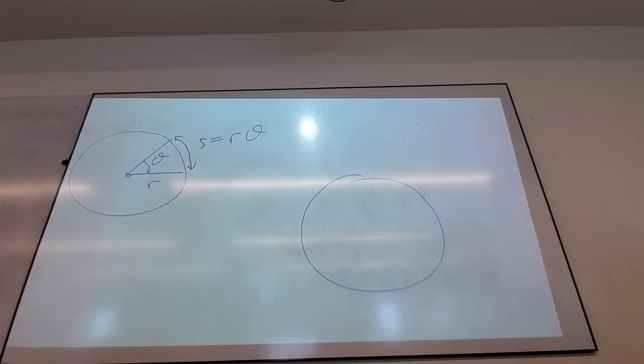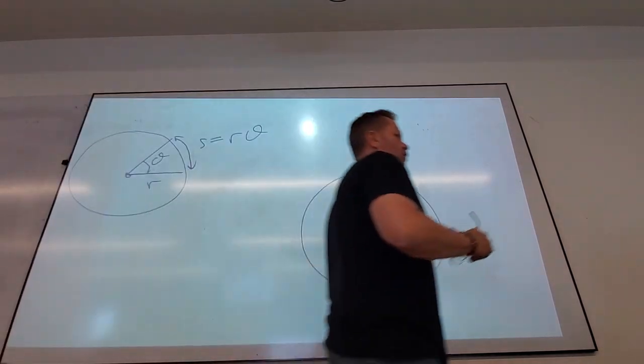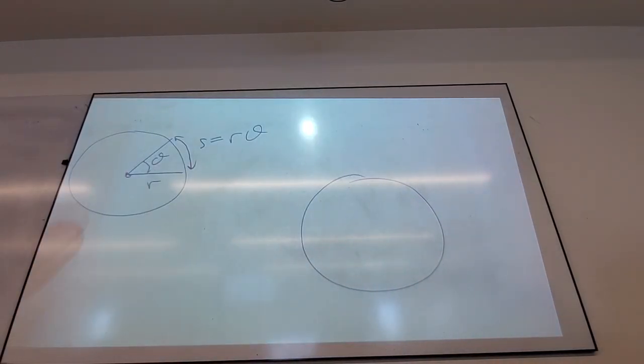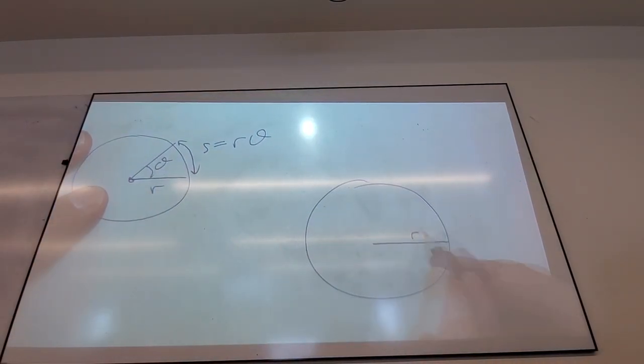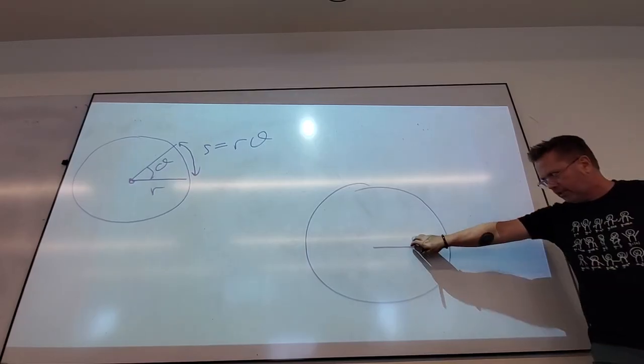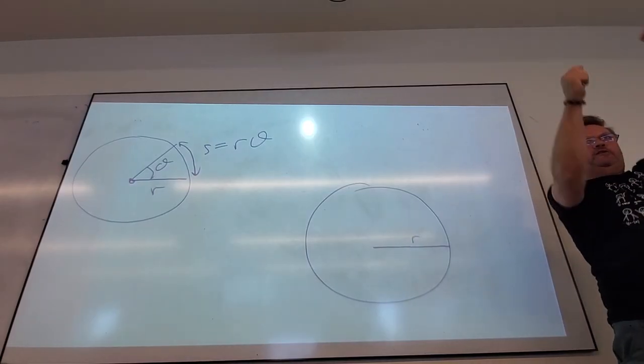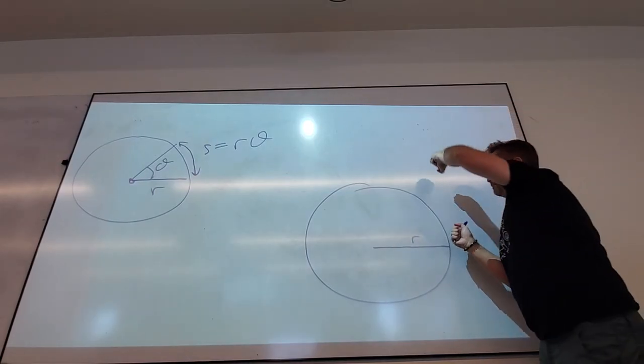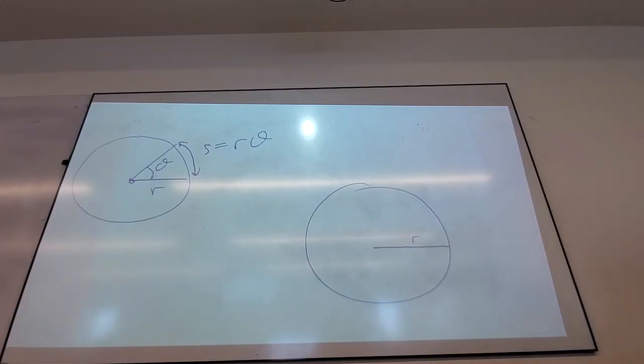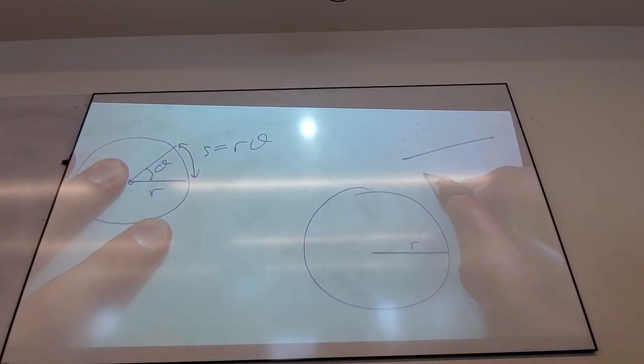In almost all of mathematics, you're going to use radians. Why? Because what a radian is, it's literally, if I took this radius and I curved it, and then I shoved it back on the circle, I have just gone through 1 radian.